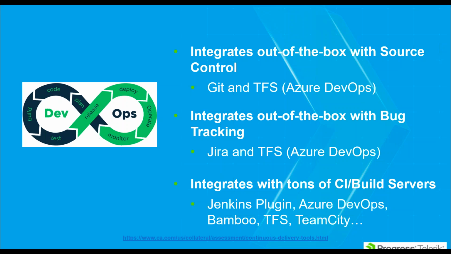In terms of CI or CD build servers, we talk and work directly with Jenkins. We have a plugin for it. We support Bamboo, TeamCity, and of course Azure DevOps. As I mentioned, we have documentation on how to set up each one of these options.